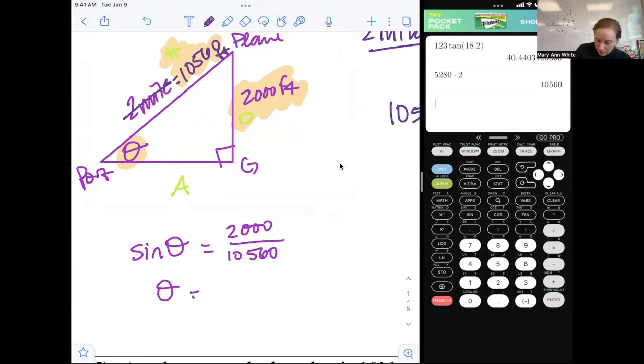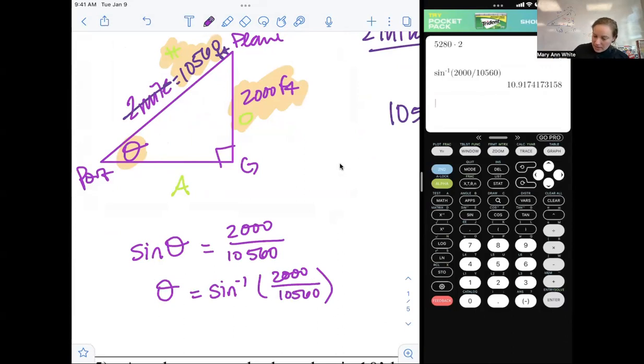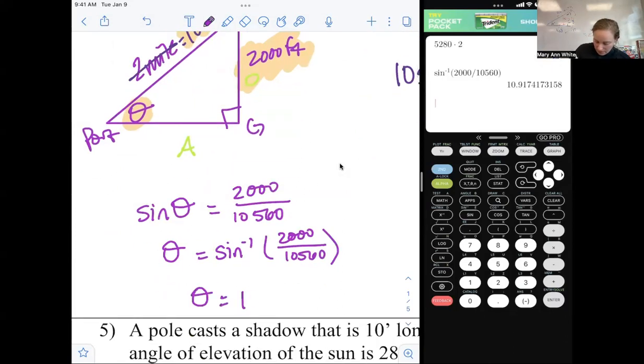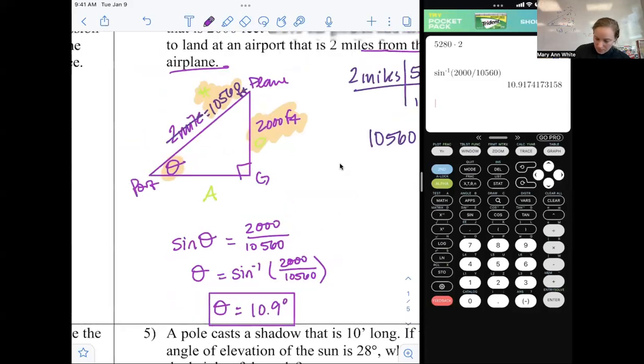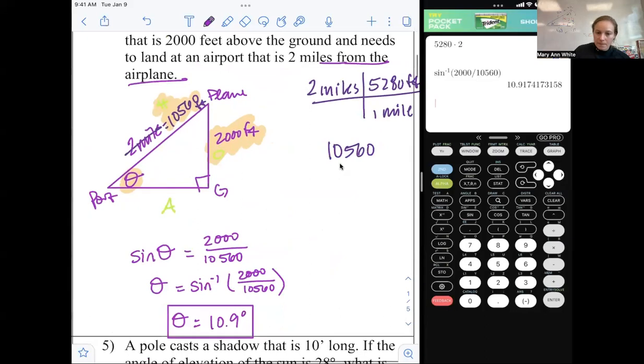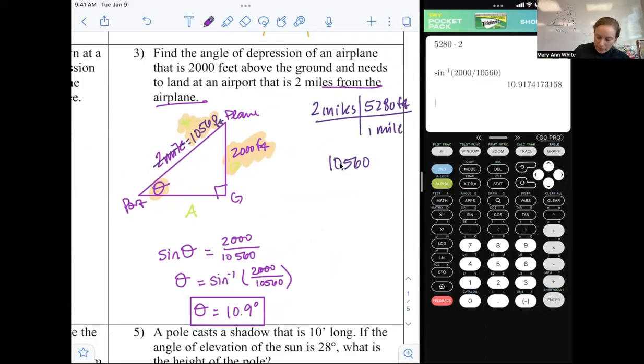In order to solve that, you're going to do your second sine to get the angle out. So second sine, 2,000 divided by 10,560 is about 10.9 degrees. All right, I'm going to keep going.